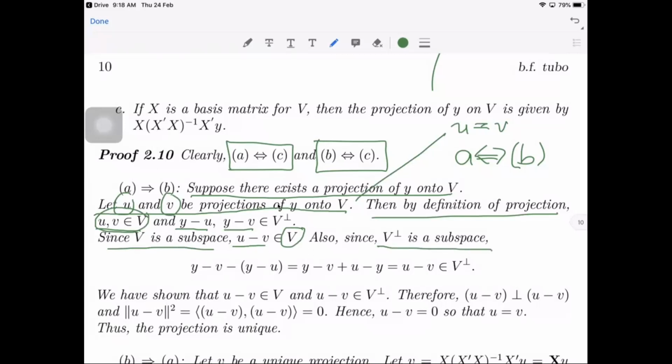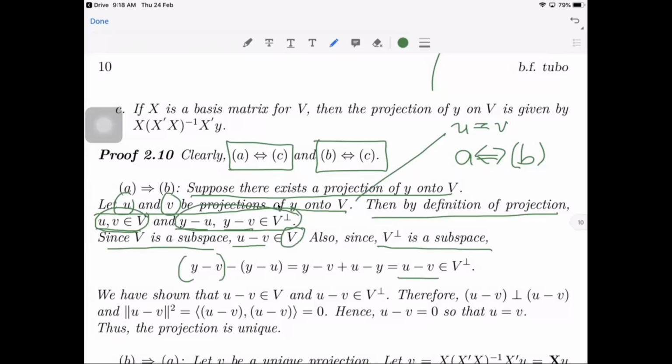Also, V perp is a subspace. We have shown that all vectors in V perp, when you take the linear combination of them, are also in V perp. So if you consider Y minus V minus Y minus U, which is Y minus V plus U minus Y, which is actually U minus V, it is in V perp.